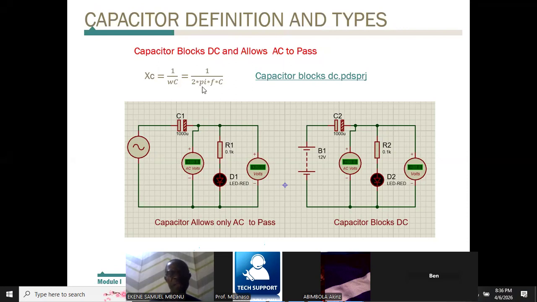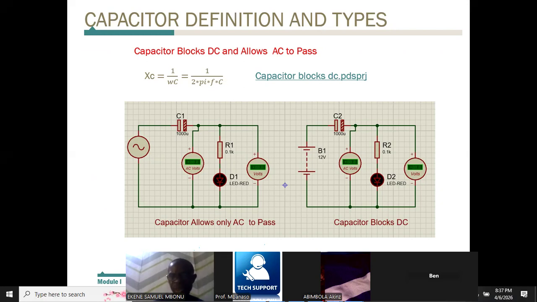Okay? If the frequency begins to increase, this guy, XC, begins to decrease. And then you can begin to understand that capacitor can be used for low pass filters. It will simply pass signal that is of low frequency. When the frequency increases, that same capacitor will begin to function as a shunt, sinking the high frequency component back to the source.